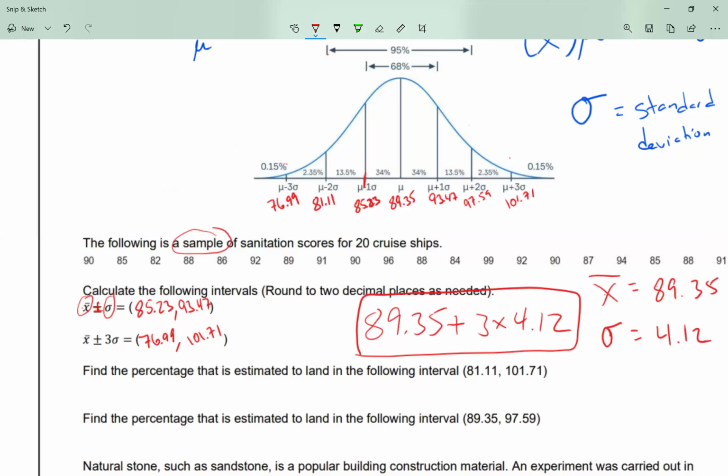It says find a percentage that is estimated to land in the following interval. Okay, the following interval from 81.11 to 101.71. So 81.11 is right here. 101.71 is right here.